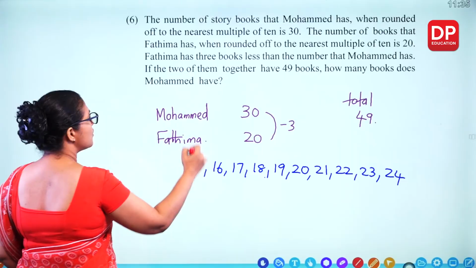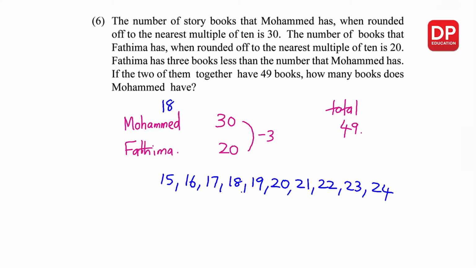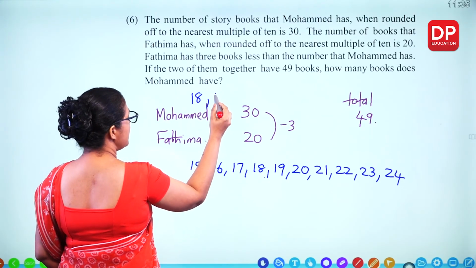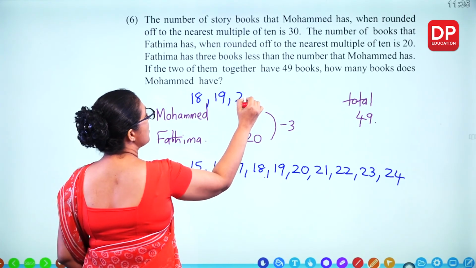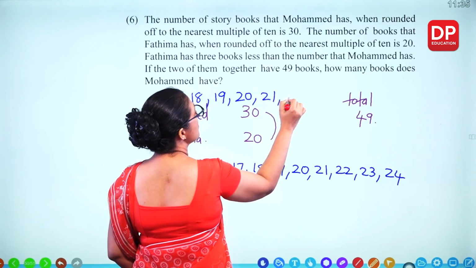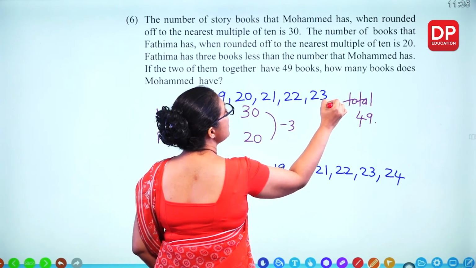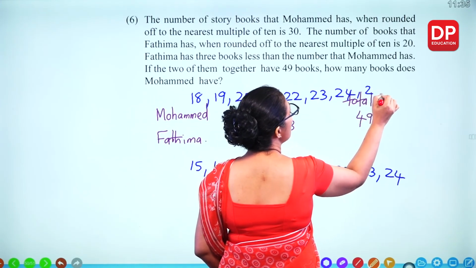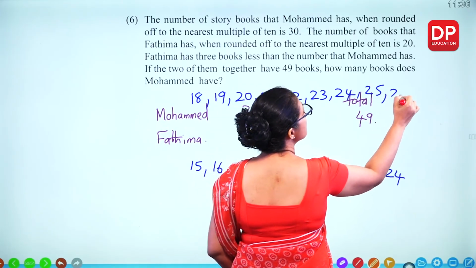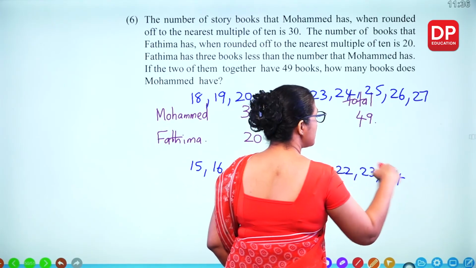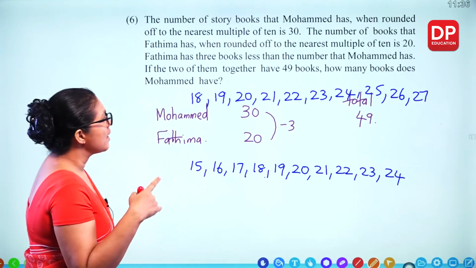So when you add 3, what are the possibilities? 15 plus 3, 18. So 19, 20, 21, 22, 23, 24, 25, 26, 27. Maximum is 27, 24 plus 3.